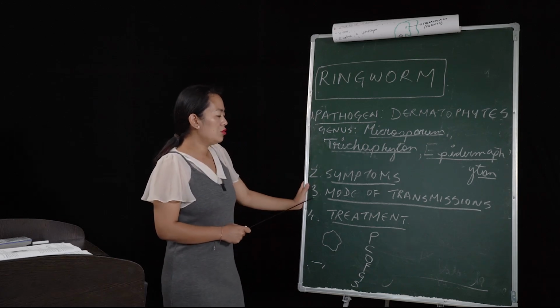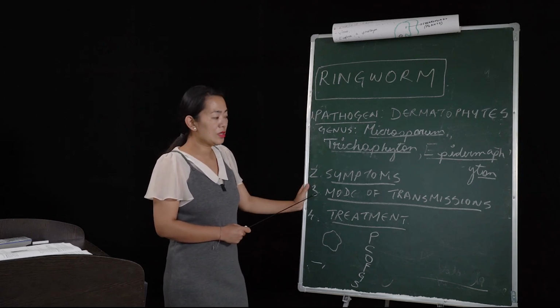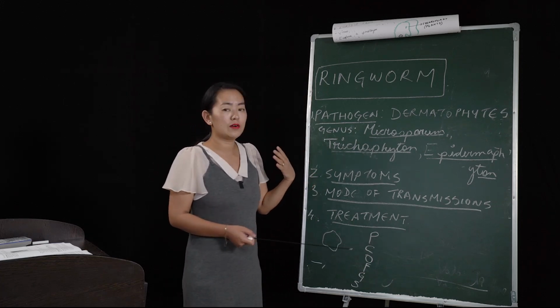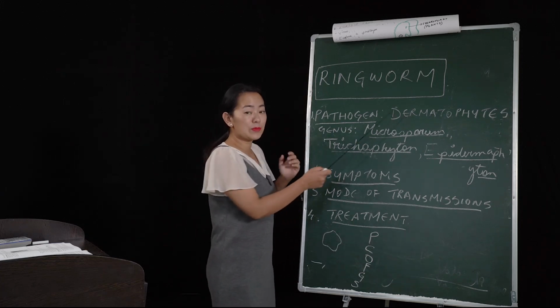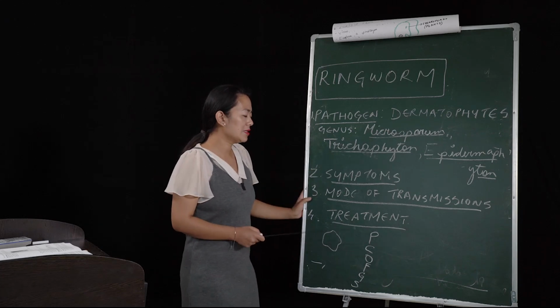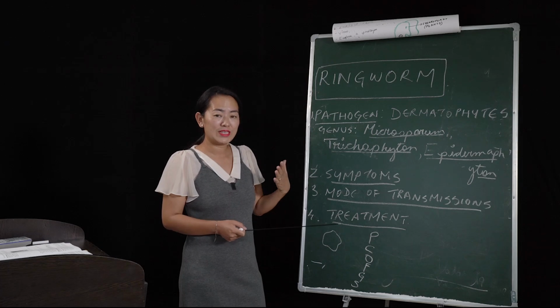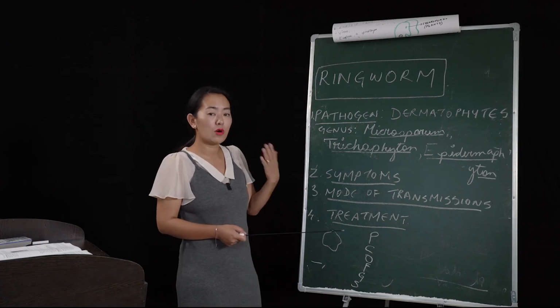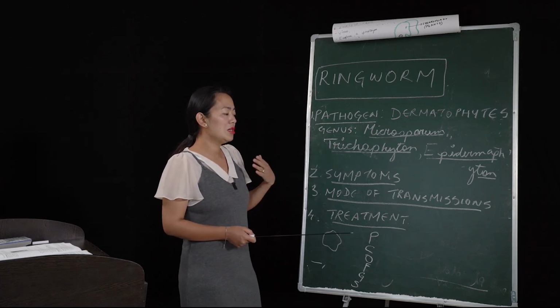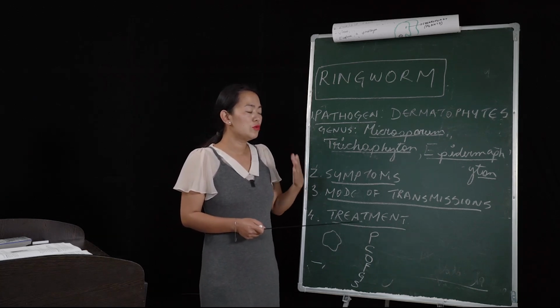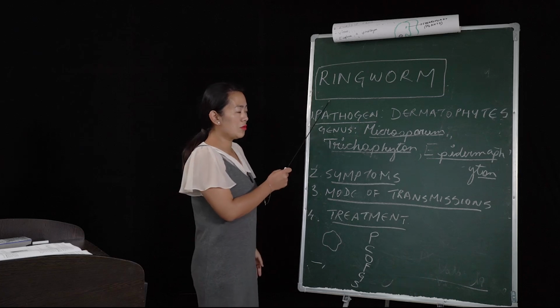So how do you transmit this ringworm? You can transmit this ringworm maybe through soil where these dermatophytes are present. But besides this, you can transmit it when you share infected towels, when you share combs, okay, when you share those objects and those clothes of someone who is already infected with ringworm.